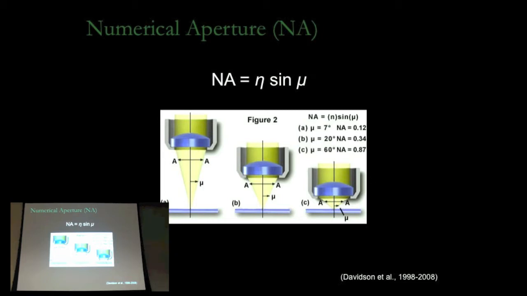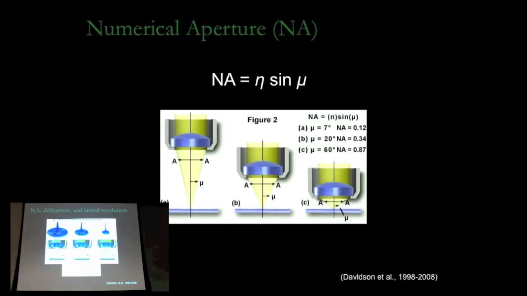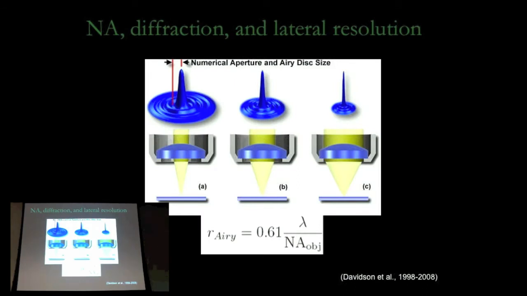Immersion oil gets you up to 1.5, so you're able to collect even more light from the sample. And why this is important is that the resolution of the objective is determined by the numerical aperture. The larger the numerical aperture, the more light you're collecting, and the smaller the features that you can see.